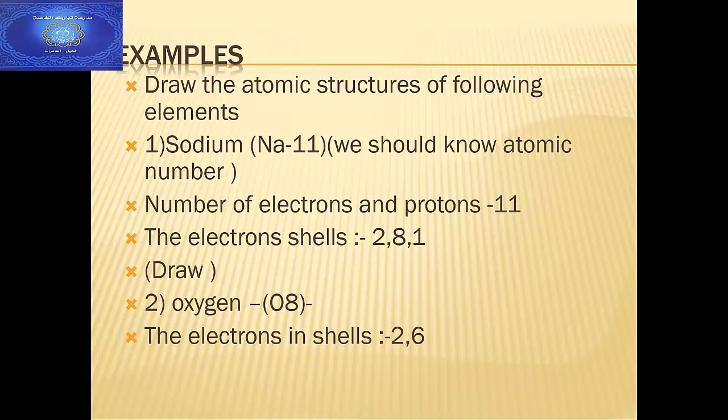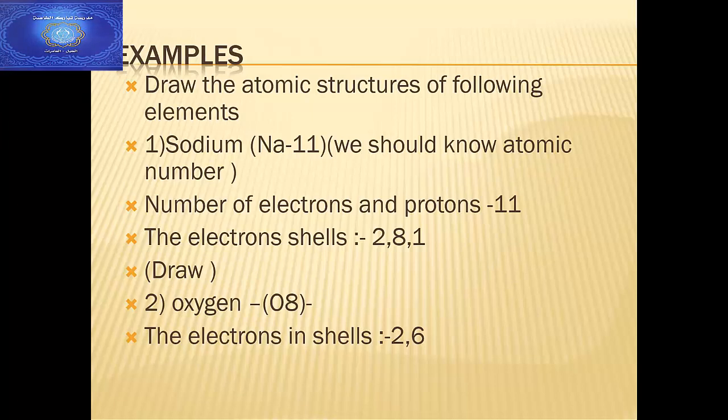The 20 elements from the periodic table you have to study in order, from 1 to 20, and its symbol is also important. Sodium is Na, with atomic number 11. So the numbers of protons and electrons will be equal to the atomic number, and the electrons in the shells you write like this: 2, 8, 1.